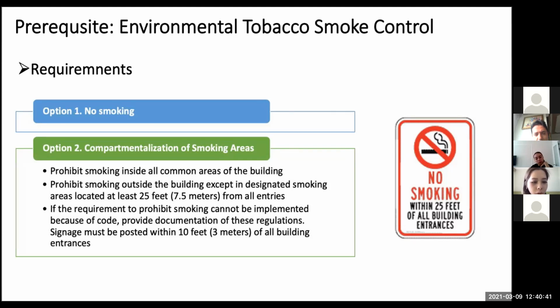It is to prohibit smoking inside the building or to separate the smoking areas and locate them at least 25 feet from all entries. If this requirement cannot be implemented, they should provide documentation and verify that they cannot implement this requirement, and use signage that prohibits smoking in the area of 10 feet. Next slide, please.